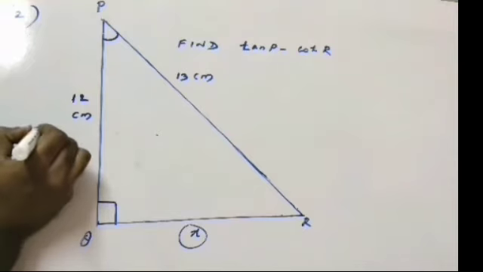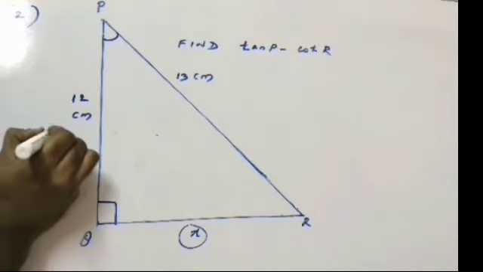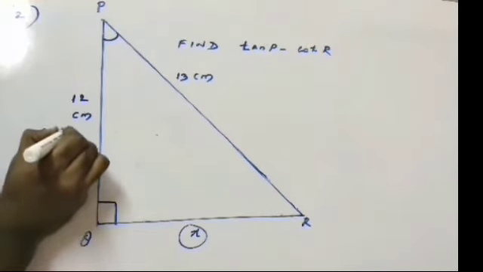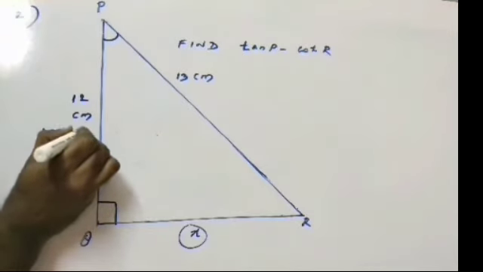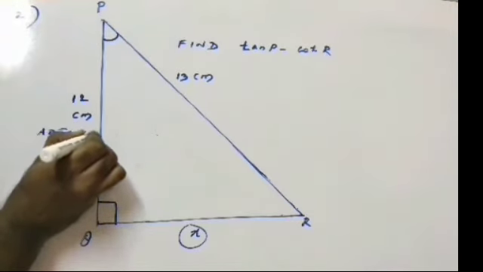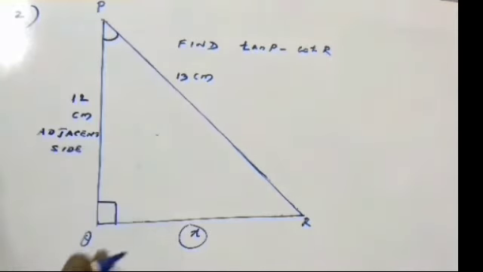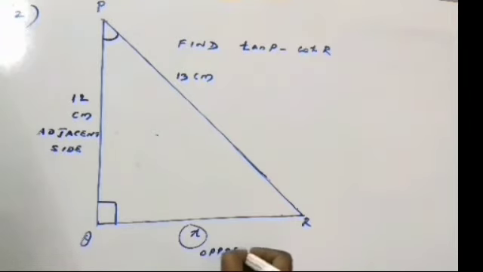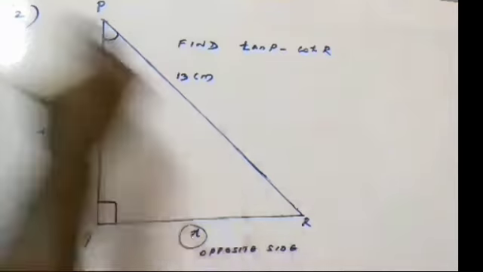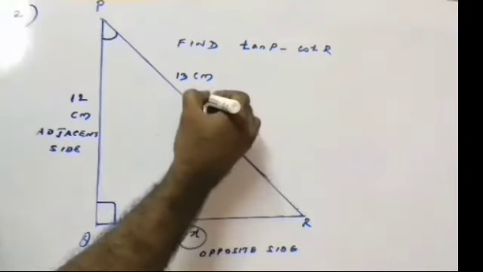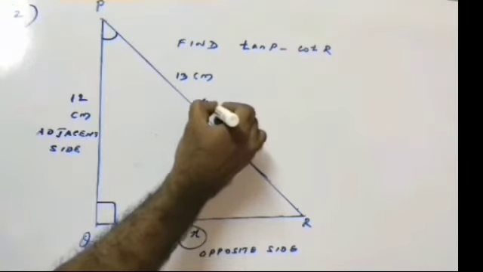So this is an adjacent side, PQ. QR, that is opposite side. PR, that is hypotenuse side.